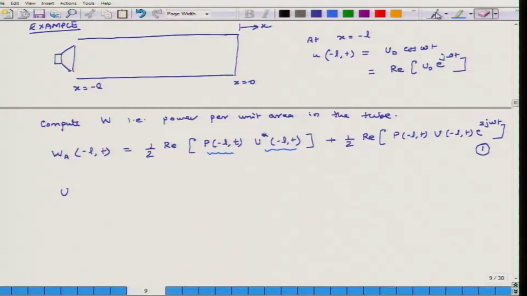From the boundary condition we know that u at minus L, t is equal to u naught.